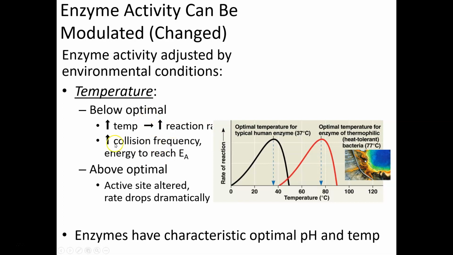And so some enzymes work really well at one temperature, while other enzymes work really well at another. So here's an example of an optimal temperature for the human. If you look at this black line, it reaches the peak activity at about 37 degrees Celsius. Why is that important? Well, the body temperature is 37 degrees Celsius.